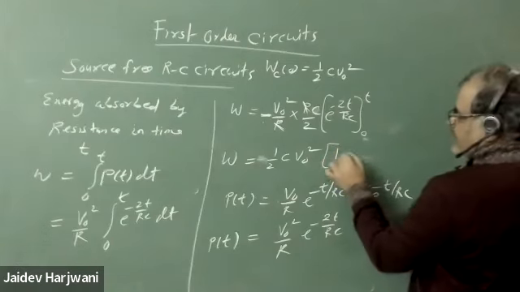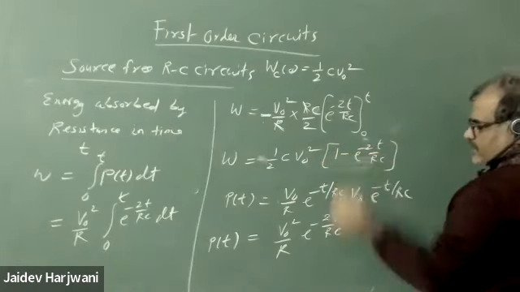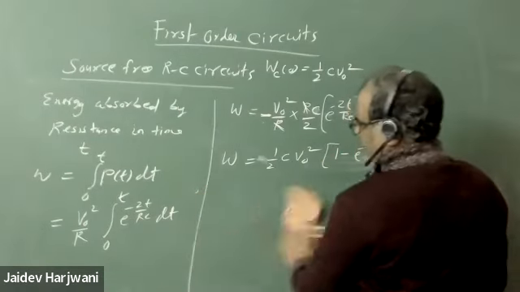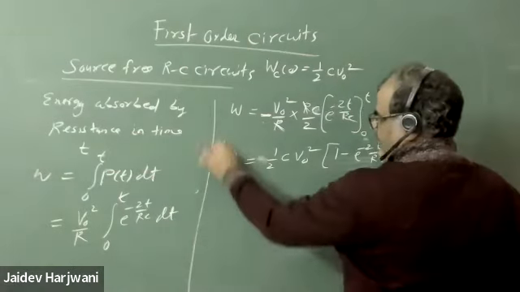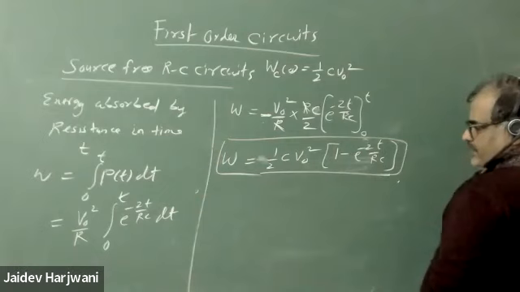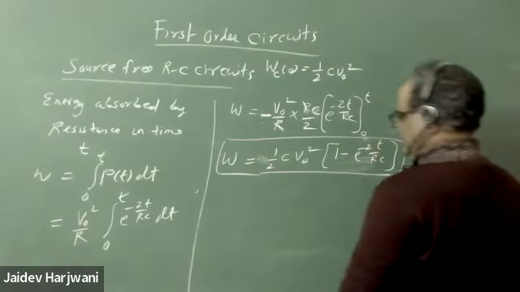This will be 1 minus e power minus 2t upon RC. So this is the required expression for the energy absorbed by the resistance after time t, once you have removed the source.